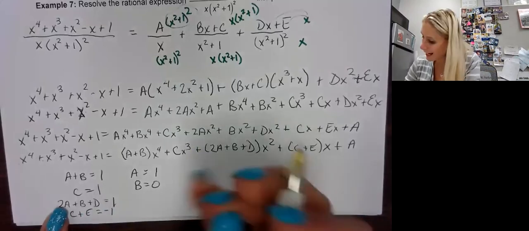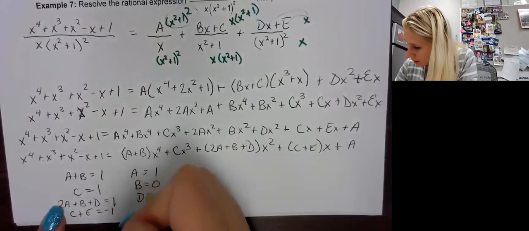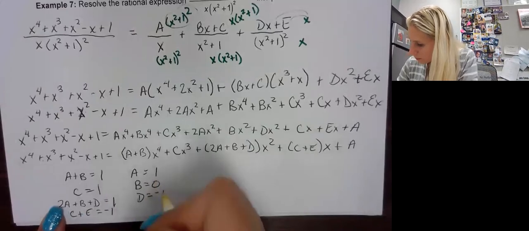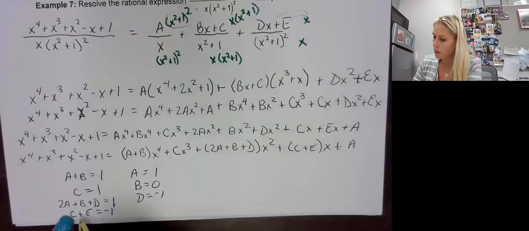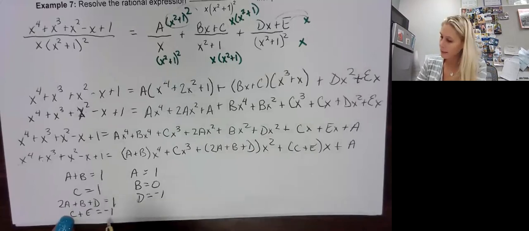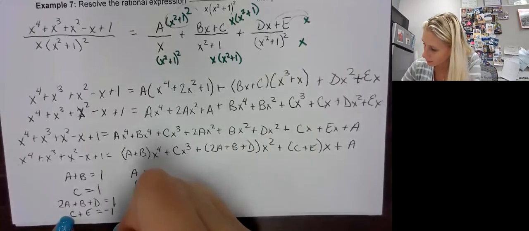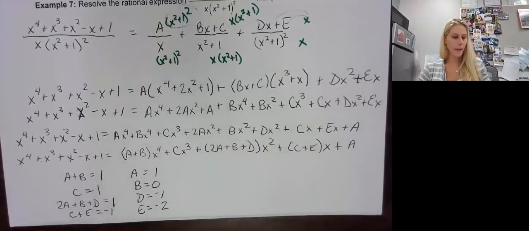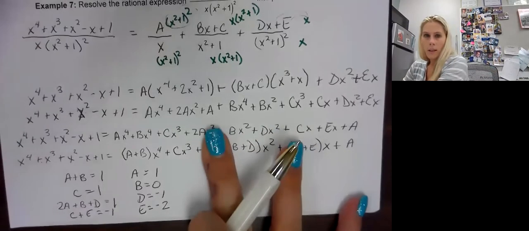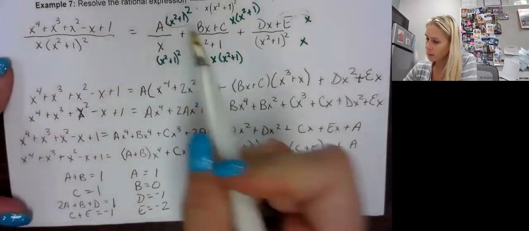So D is -1. We already have C, so we need to find out E. So if 1 plus what is -1, so E must be -2.